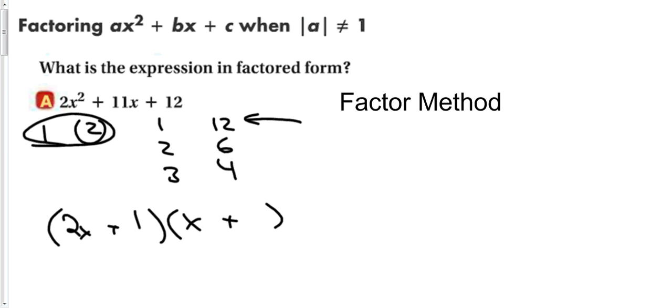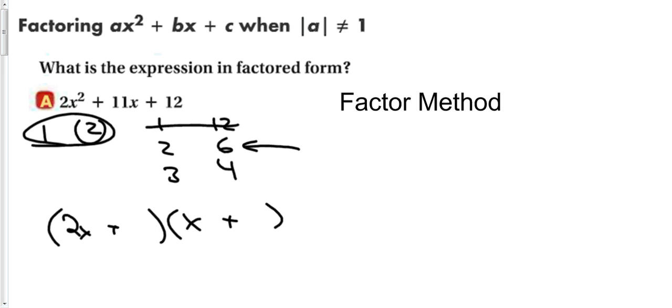So let's get rid of it. I could do this way. 12 there and a 1 there. Now my inside pair is 12. My outside pair is 2. That's a 14. That doesn't work. Which means that this pair is out. So I now go to the next set of factors.